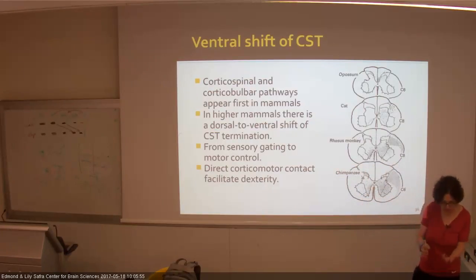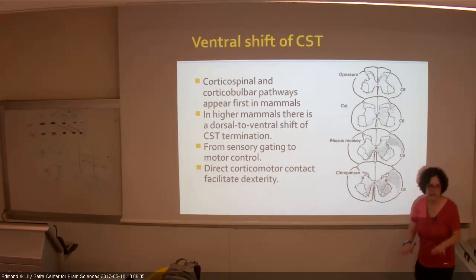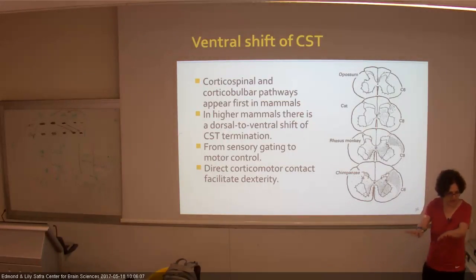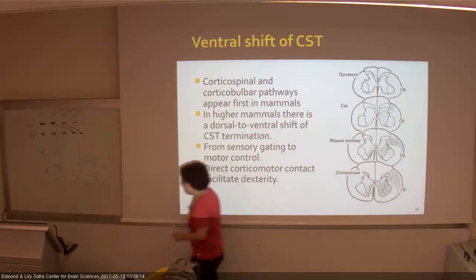And dexterity is control of fingers. It's when you can have very accurate finger control. Okay.